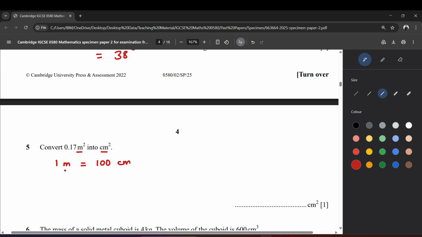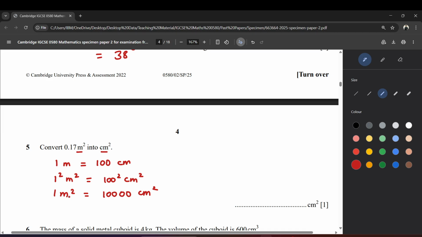If I square both sides, that means 1 meter squared equals 100 centimeters squared, right? When I square both sides, everything will be squared. So that tells you that 1 square meter is equal to 10,000 centimeters squared. Now, this is the conversion factor that we will use in order to work this out.